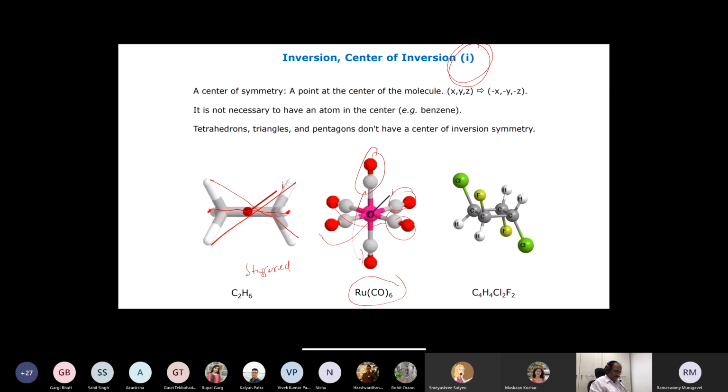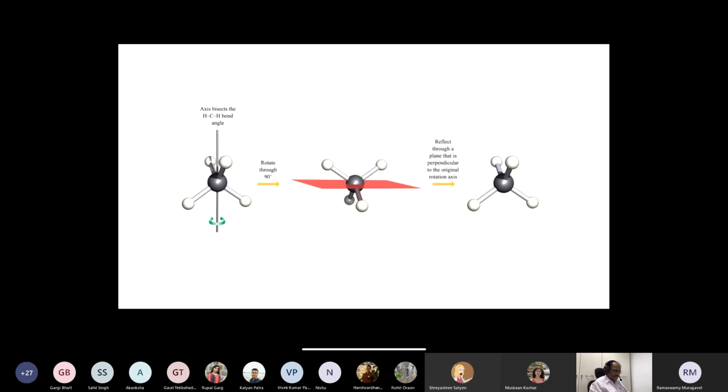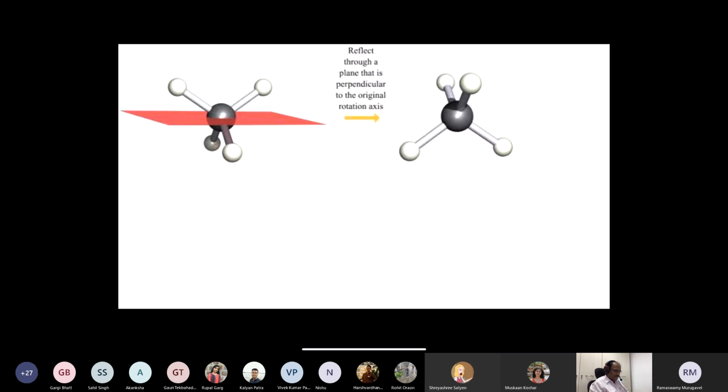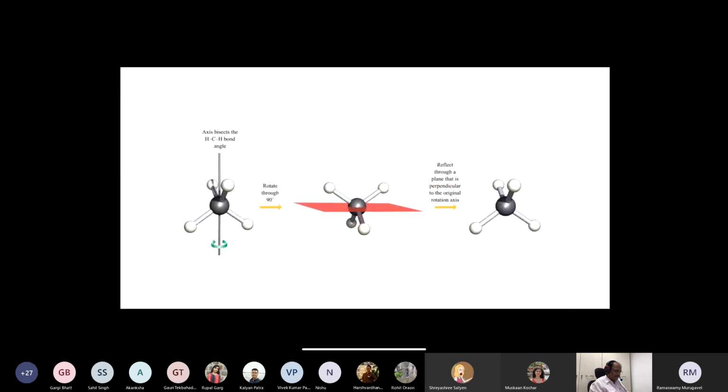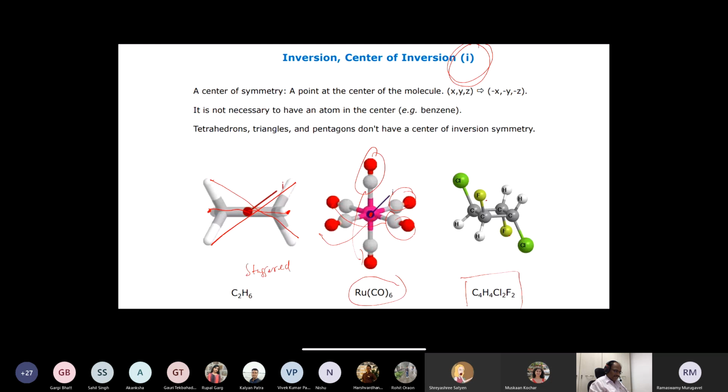A beautiful organic molecule, a tetrafluoro dichloro tetrahydro cyclobutane, I'm sorry, one second. Let me just go back. You have a C4 ring, and I have 4 hydrogens, 2 here and 2 here.